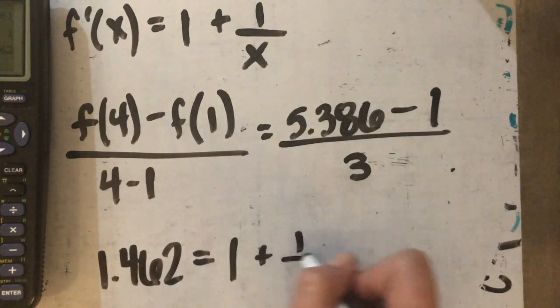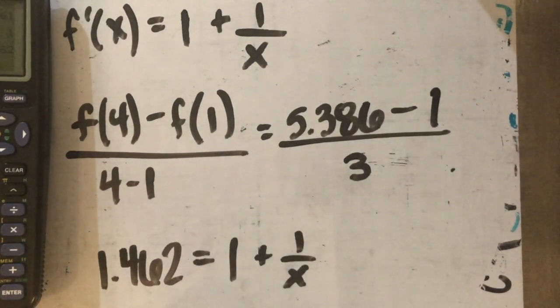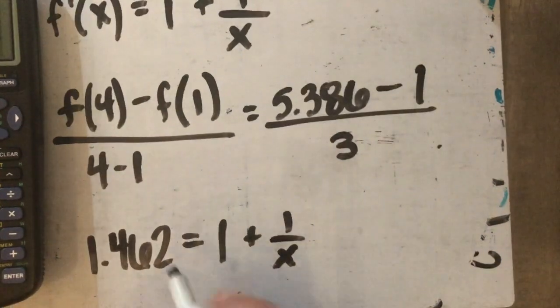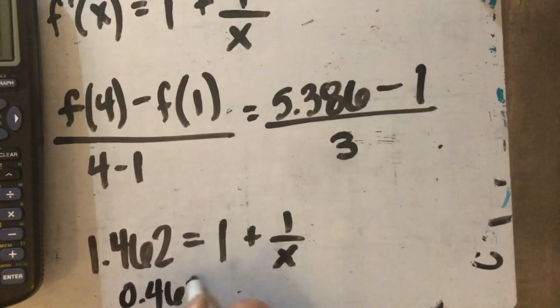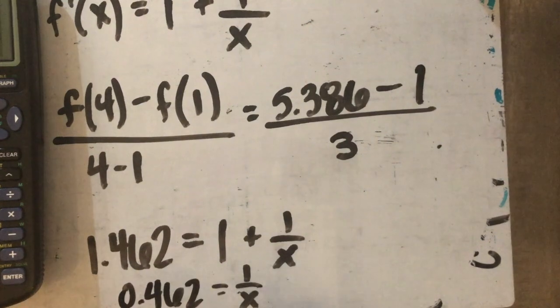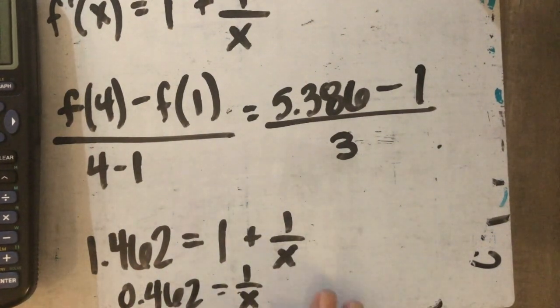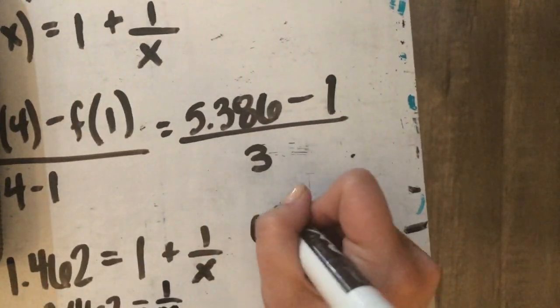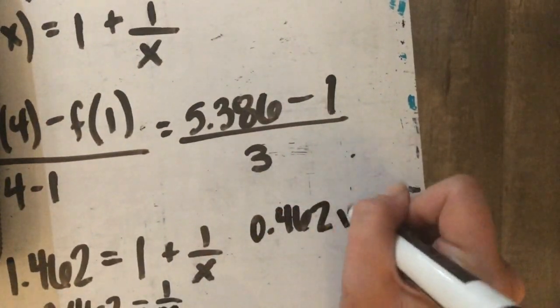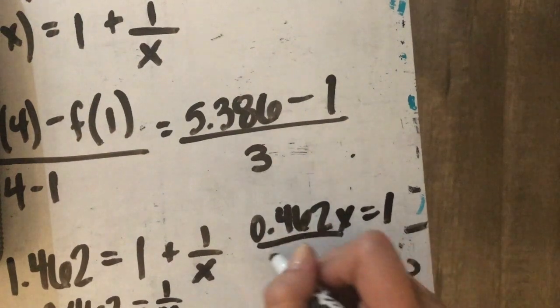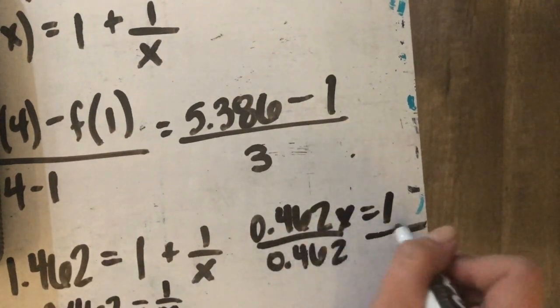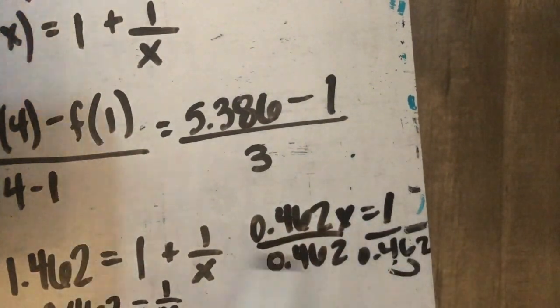1 plus 1 over x. So I can subtract 1 and get 0.462 equals 1 over x. Multiply by x and then divide by 0.462, right? Because I would get 0.462 x equals 1. So then divide by 0.462 on both sides.